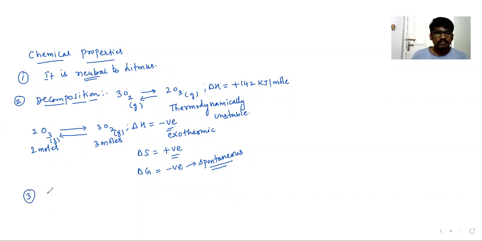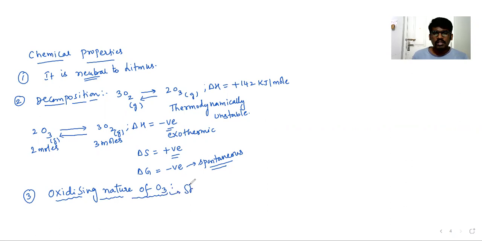And next, we have a very, very important chemical property of ozone, that is the oxidizing nature of ozone.